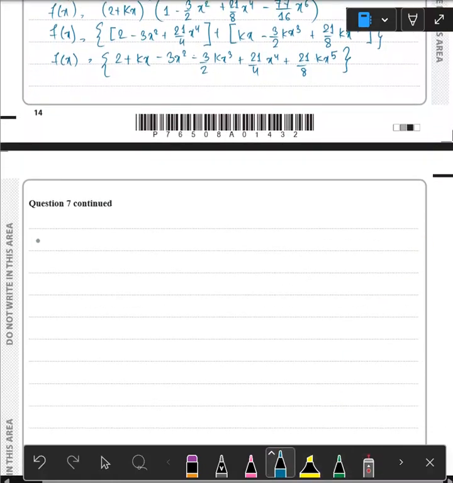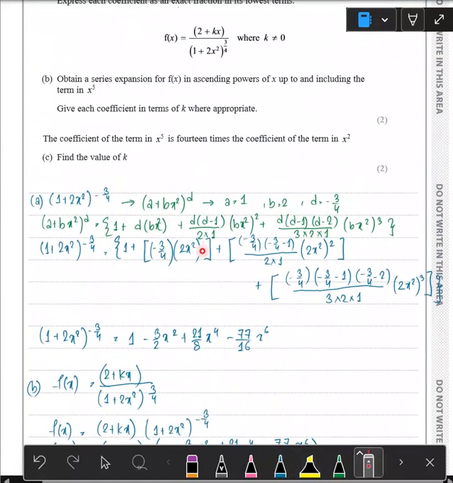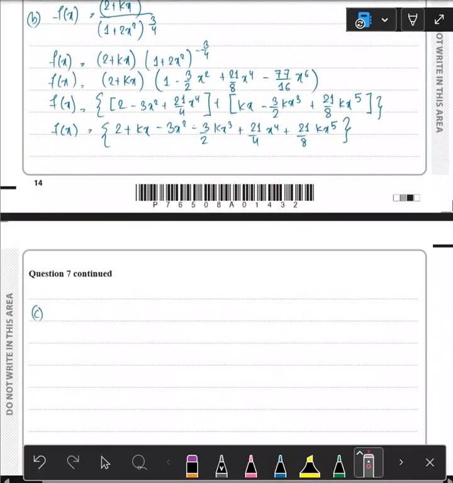Now for part C of this question. For part C, they have said that the coefficient of x to the power 5 is 14 times the coefficient of x to the power 2. So let's write down the coefficients.